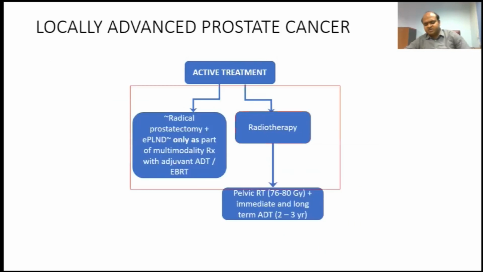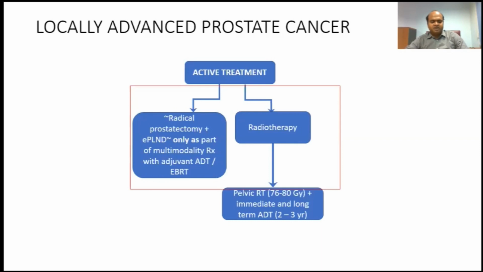In locally advanced prostate cancer, that means prostate cancer beyond the prostatic capsule, the treatment option is radiotherapy, the most preferred modality, along with androgen deprivation therapy, that is hormonal therapy.